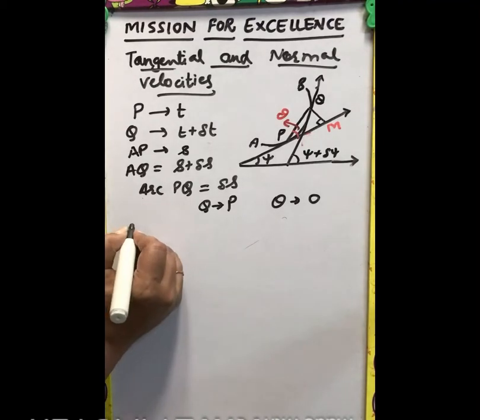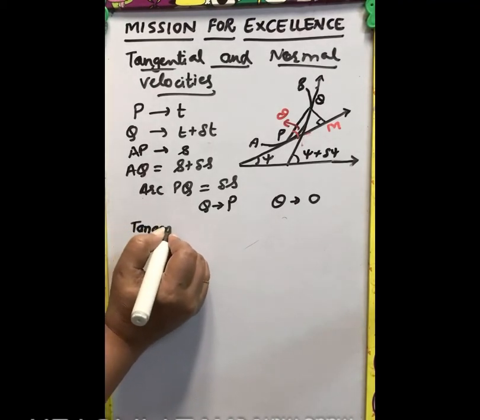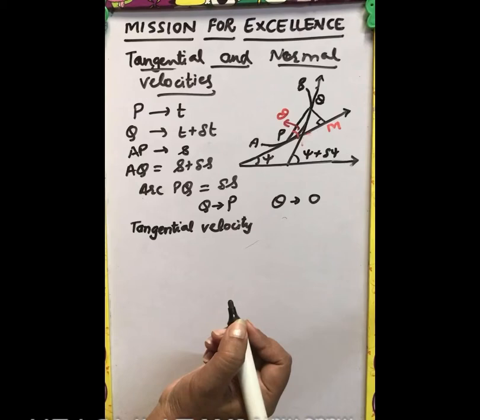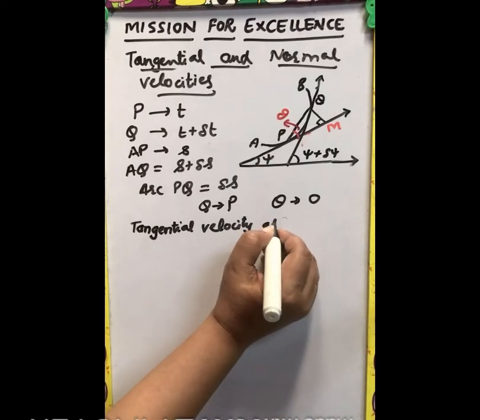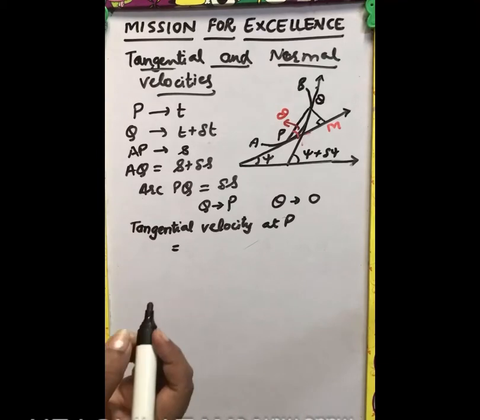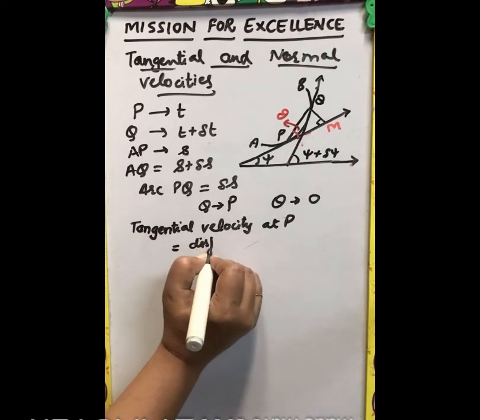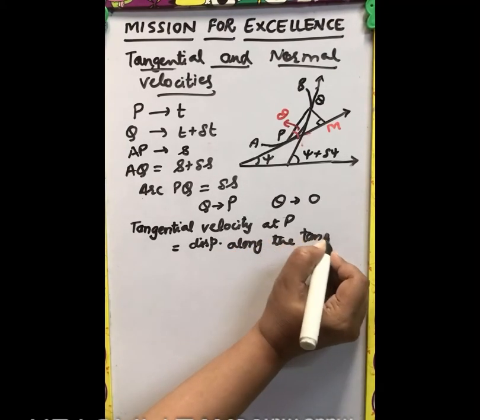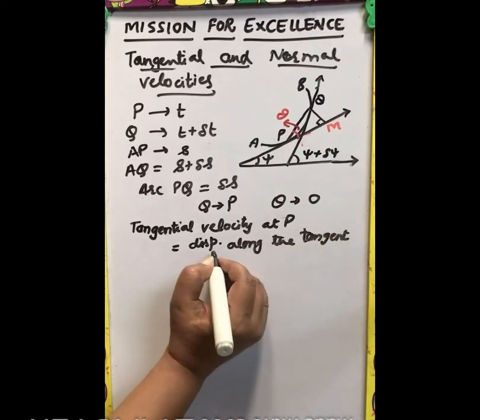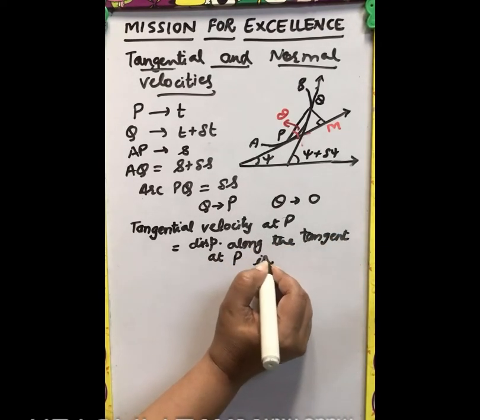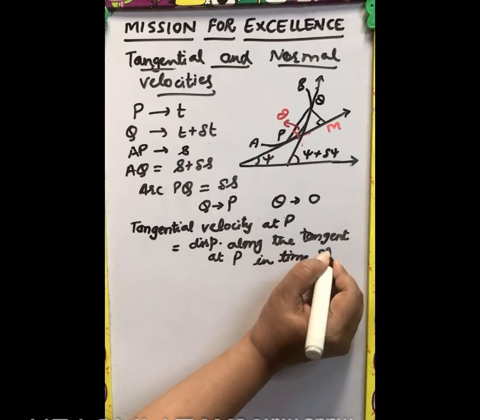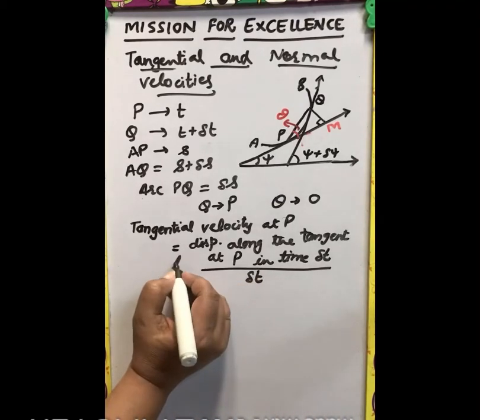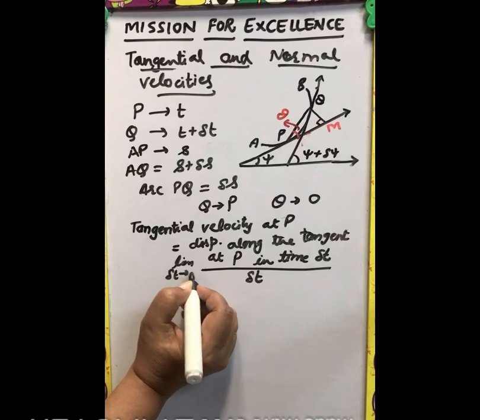Now let us define the tangential velocity. Tangential velocity at P is equal to the displacement along the tangent at point P in time delta t, displacement upon time delta t, and here we write the limit delta t tends to 0.